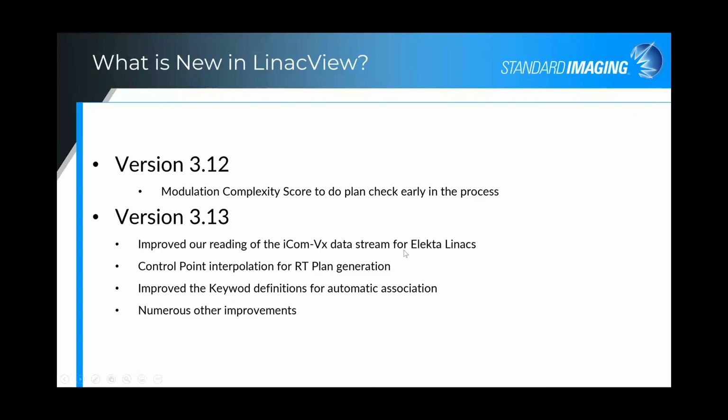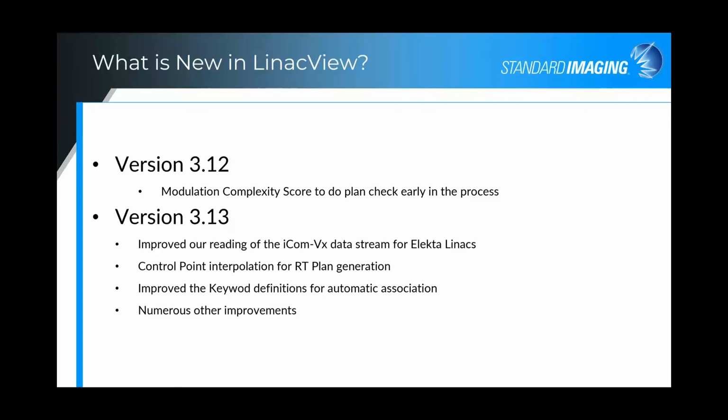Improved reading of the iCOM VX data stream for the Elekta Linacs, just picking up a few extra parameters. We are also doing some control point interpolation for RTPlan generation, and that's optional. Some people have expressed an interest in having that interpolation occur, so you can turn it on or off. We are also improving the keyword definitions a bit, because I'm not sure if I mentioned it, but there is automatic association.